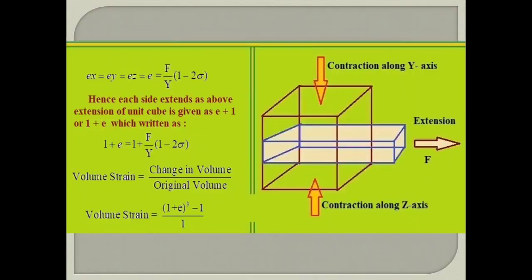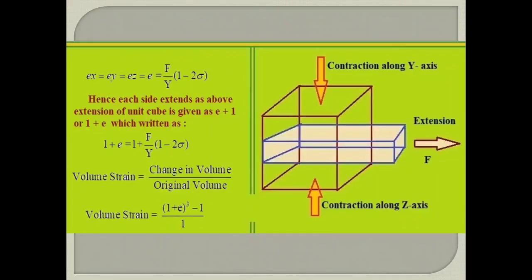Now we are familiar with the volume strain. What is volume strain? Volume strain is nothing but the change in volume divided by the original volume. So from this, volume strain is equal to bracket 1 plus E cubed minus 1, divided by 1.